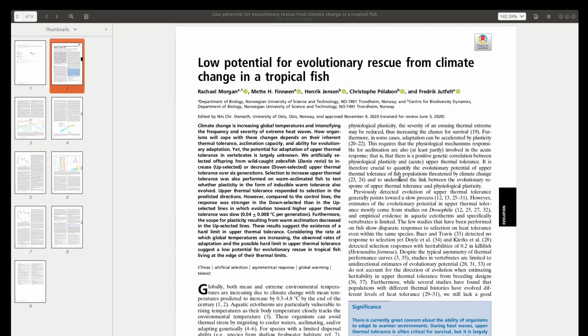So they had two different lines of selection in fish to see if they could evolve higher thermal tolerance and also to see if they could evolve lower thermal tolerance in the lab as a result of artificial selection. So in order for them to evolve, that variation had to exist in the population, it had to be heritable, and it had to allow them to tolerate higher temperatures or not tolerate higher temperatures, depending on which selection line they were in.